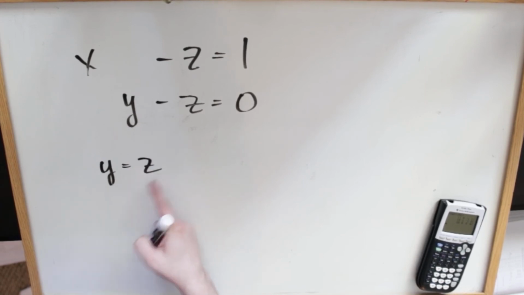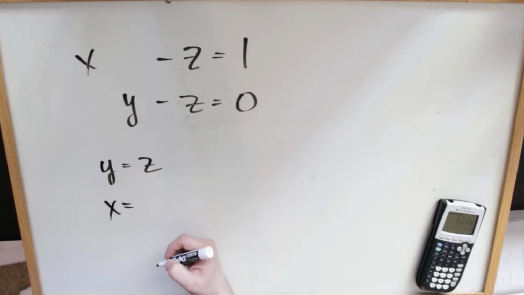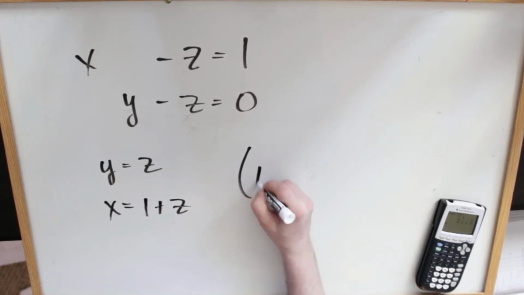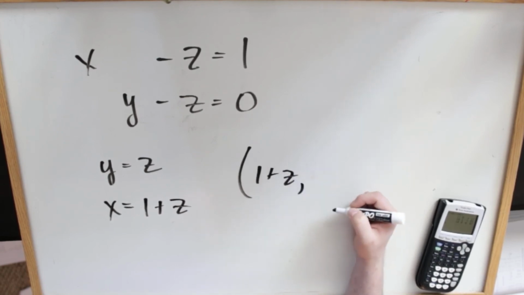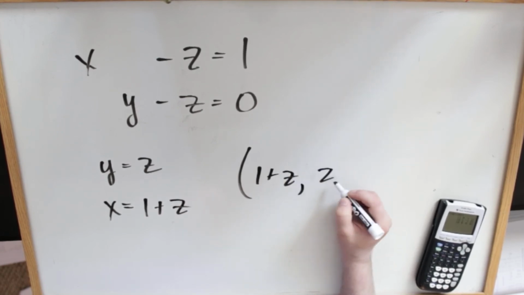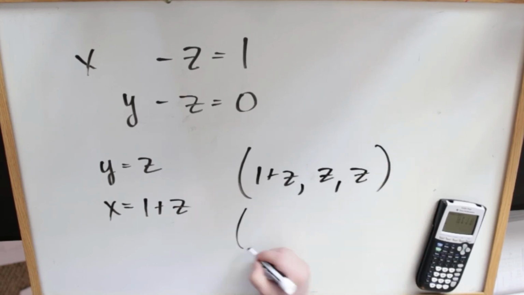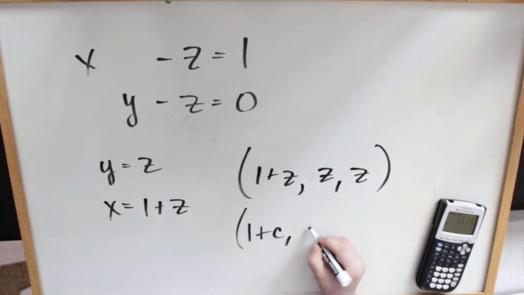We're solving in terms of z, so that one's a piece of cake. And then the x is going to equal just 1 plus z. Okay? So our solution in this case should be x, 1 plus z, y, which is z, and then z. Actually, I have to do this in terms of c. Sorry, this is the important part. So that should be our solution.